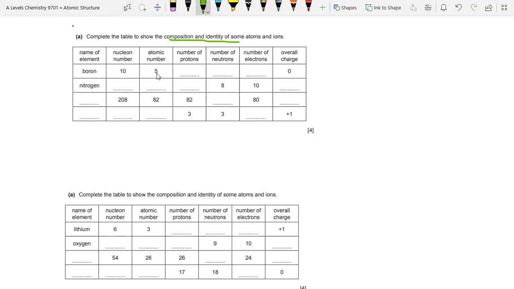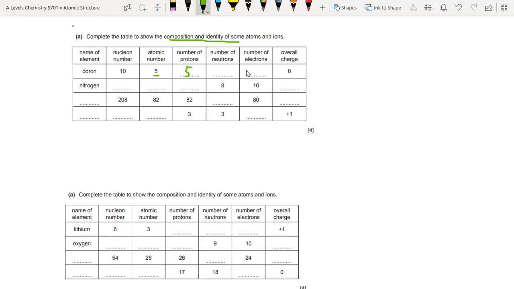Number 1, as it contains overall net charge 0, so the number of electrons and protons must be equal. Number of protons is equal to the atomic number. What is the atomic number? That is given in there. Atomic number is 5, so proton number is also 5.